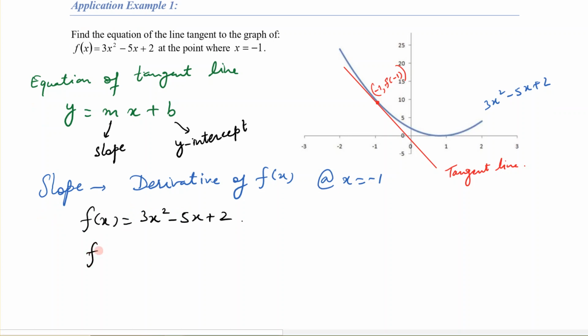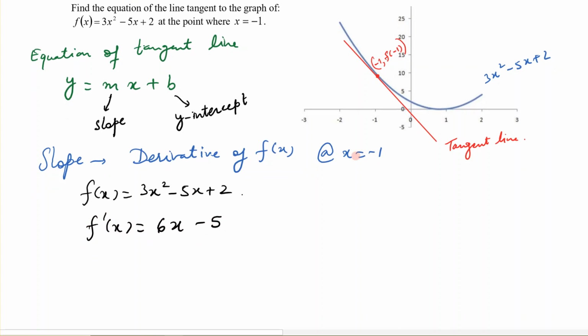So the derivative would be 6x minus 5. Since we need the slope at x equals -1, we plug in x equals -1 here, and we get the slope of -11. This is the slope of the tangent at x equals -1.